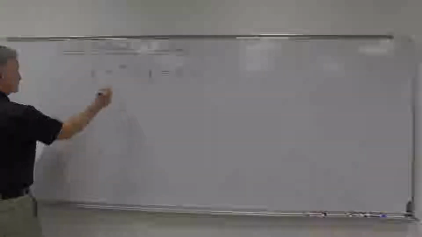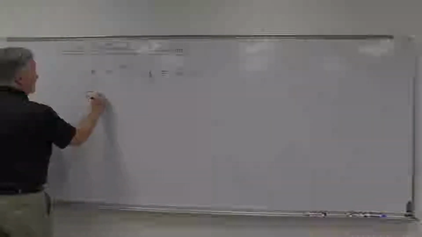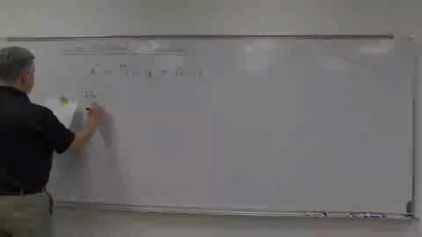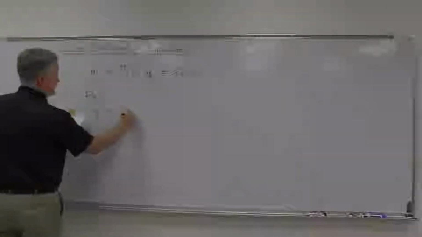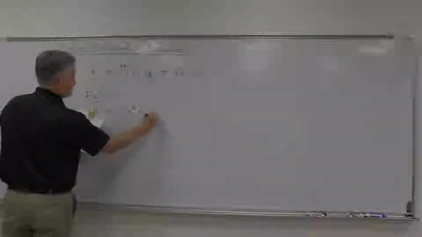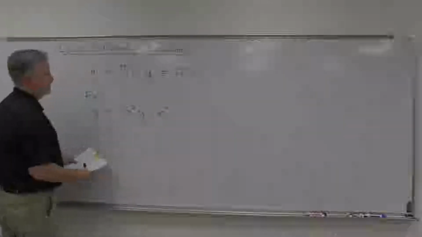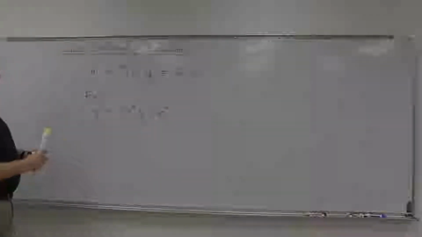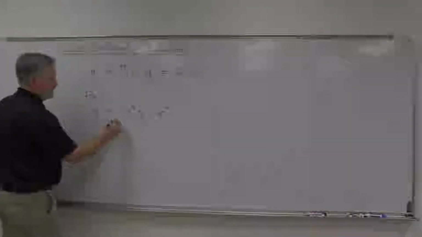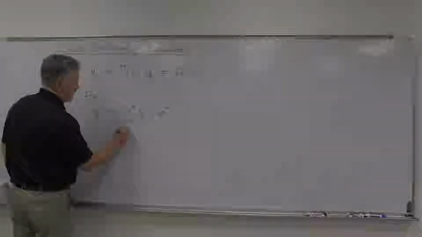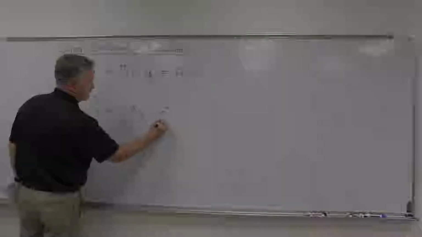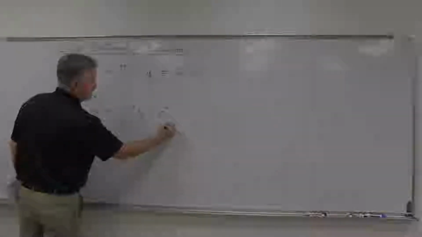And so just an example here, y prime plus 3x squared y equals e to the x is a linear differential equation. In this case, the p of x is 3x squared, and the q of x is e to the x.